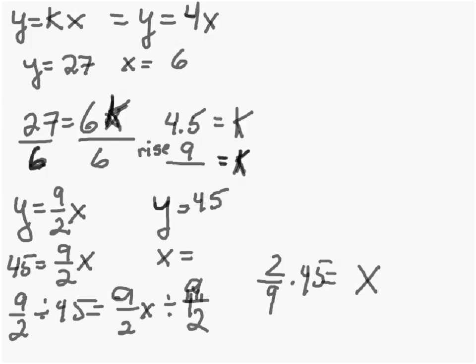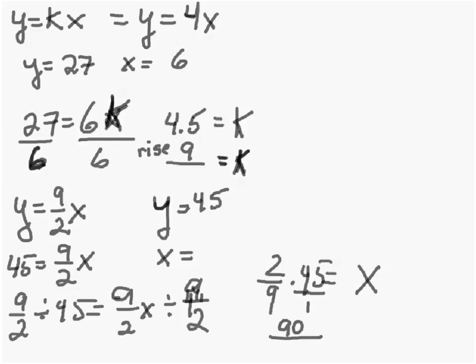So now we have 2 9ths times 45, and how do we multiply that? We can, like Justin said, turn that 45 into a fraction. So we put it over 1. So now we have 2 9ths times 45 over 1. Now you multiply your numerators and then you multiply your denominators. So what's 2 times 45? 90. Yes, sir.